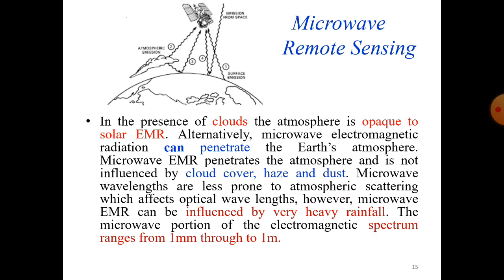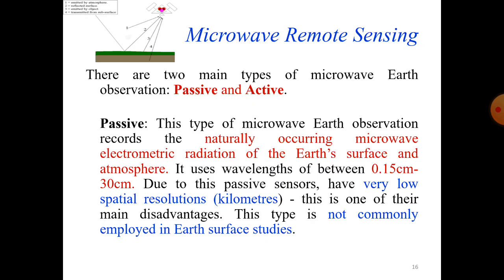So, it is widely used during these disturbing climatic conditions, and even during rainy seasons and rainfall conditions. So, that is about the importance of microwave remote sensing.